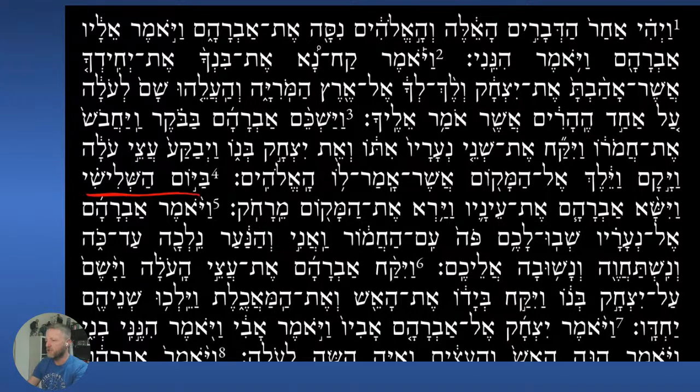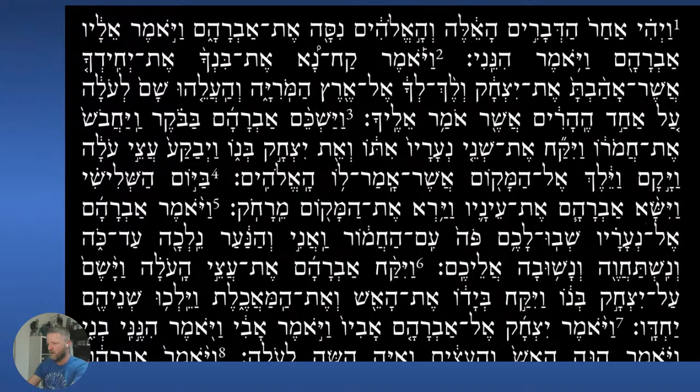Bayom hashlishi, on the third day, vayisa, and he lifted up Avraham et einav. Okay, on the third day, Abraham lifted his eyes, vayar et hamakom merachok, and he saw the place from far away. He saw, vayar, the place, hamakom.